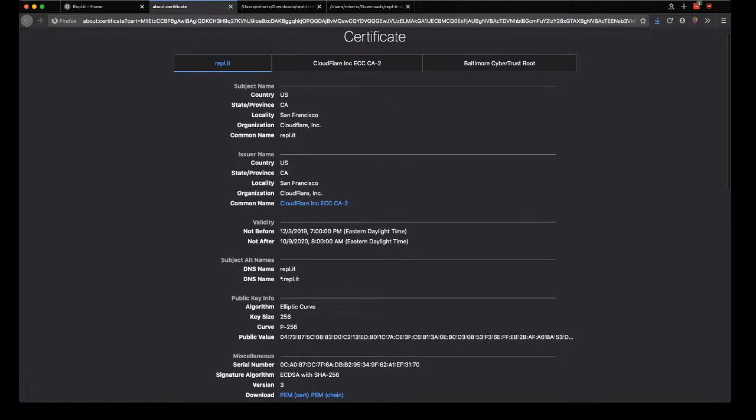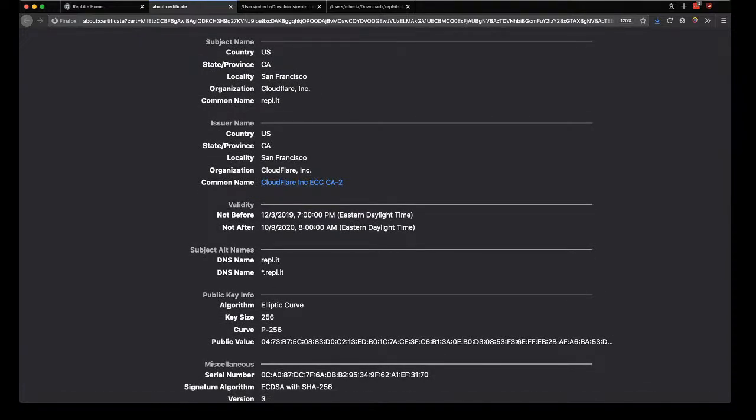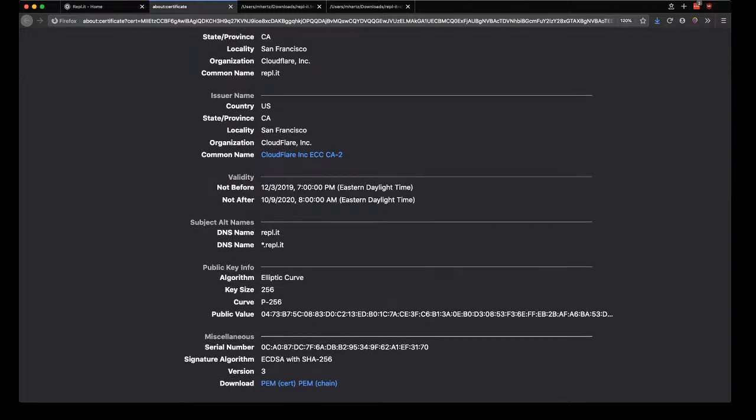The company that issued Replit its certificate is called Cloudflare. You can see that name right here. I can make this a little bit bigger so it's easier to read. You can see the dates it's valid from: it started on December 3rd, 2019, and this certificate will be acceptable through October 9th. It also shows where the certificate can be used.